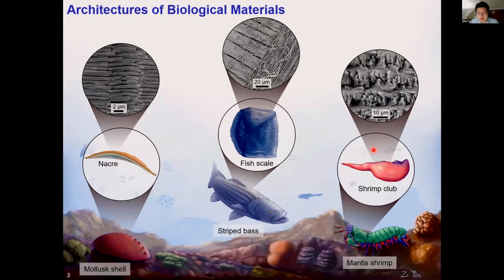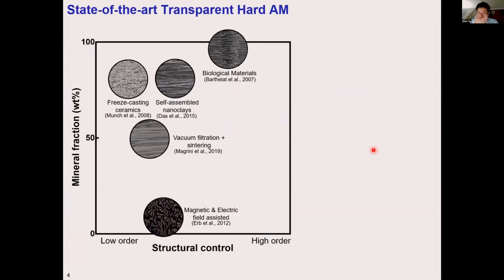So it's very interesting, but we need to duplicate those structures and mechanisms of biological materials. There have actually been decades of efforts to try to duplicate them. We have freeze casting, we have self-assembly, and more recently vacuum filtration and sintering. We use magnetic and electric fields to assist with building architectures.